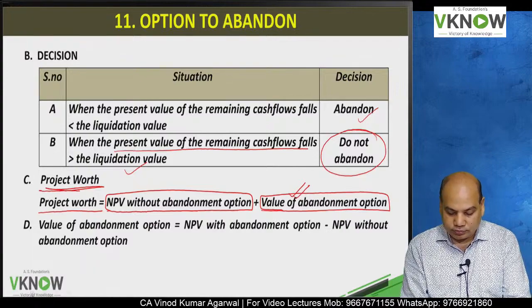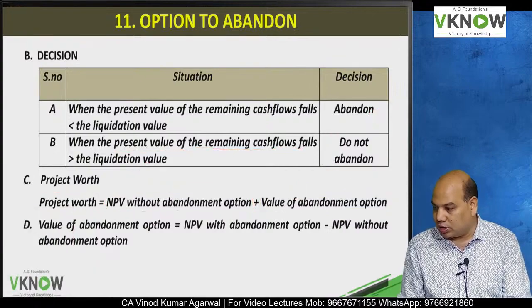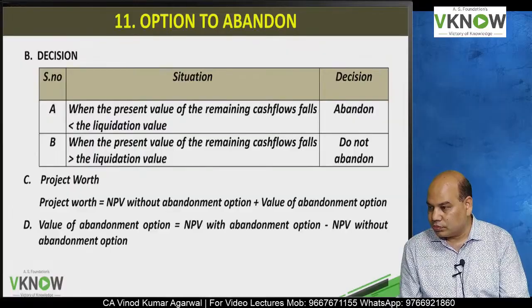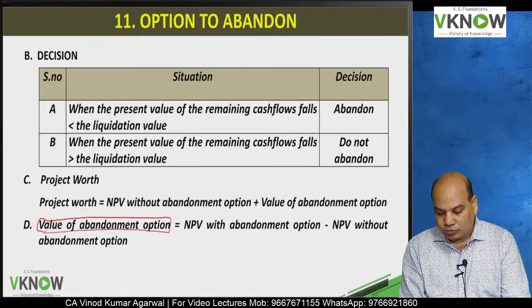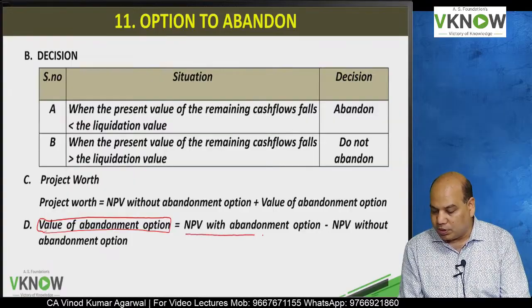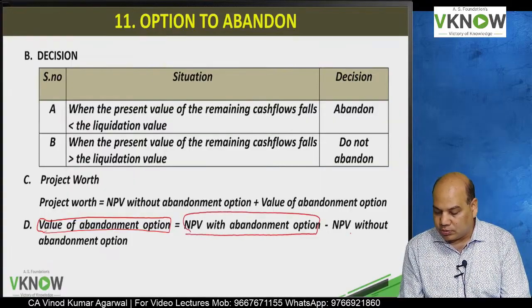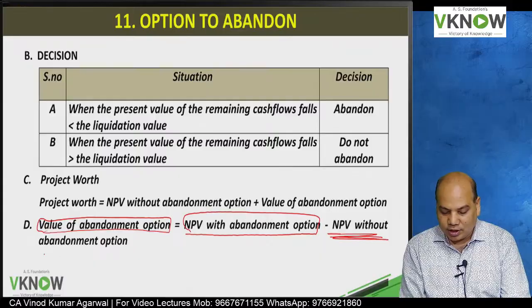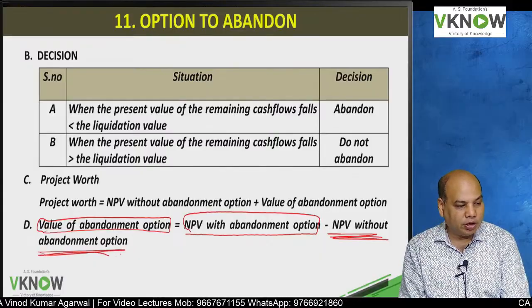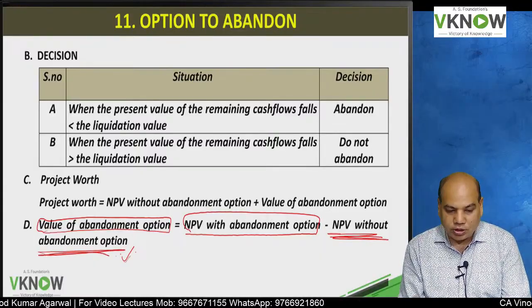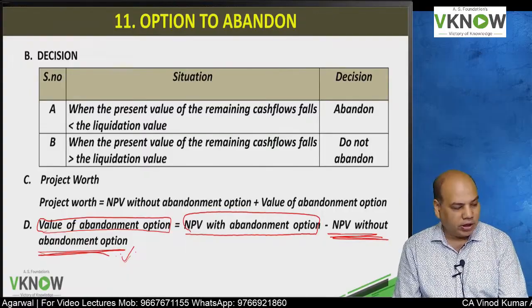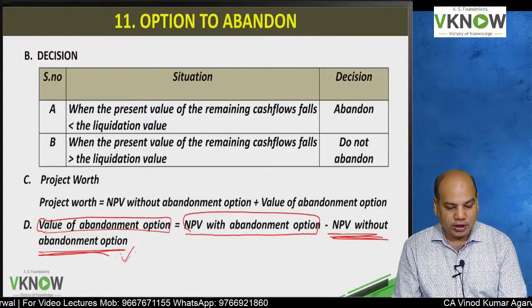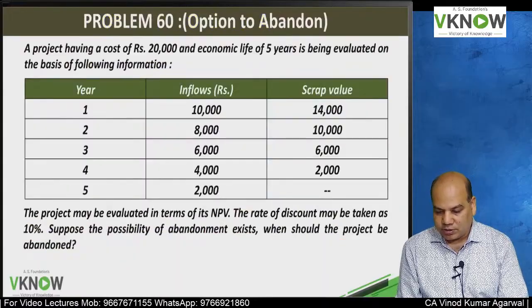Reverse question, your institute will ask you what is the value of abandonment option? It is equal to NPV with abandonment option minus NPV without abandonment option. And this question they have asked in the exam also. Find the value of abandonment option. That we will take after some time.